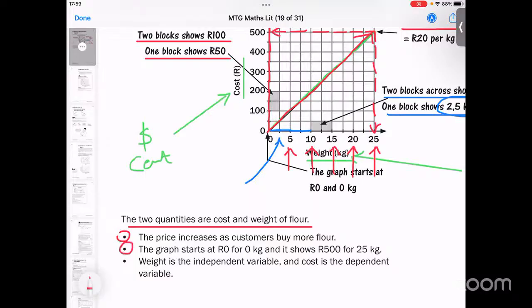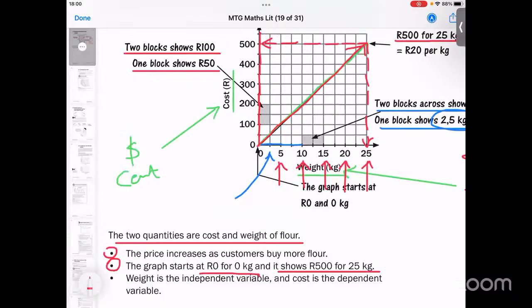The second bullet, we can talk about the graph to say it actually starts at 0 rand for 0 kg, and then from there, it shows 500 for 25 kilograms. So in other words, we are just describing that it started from where the price is 0 and the weight is 0.